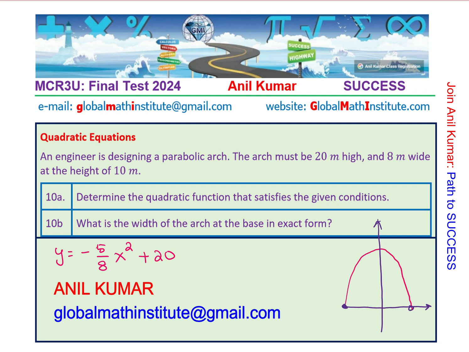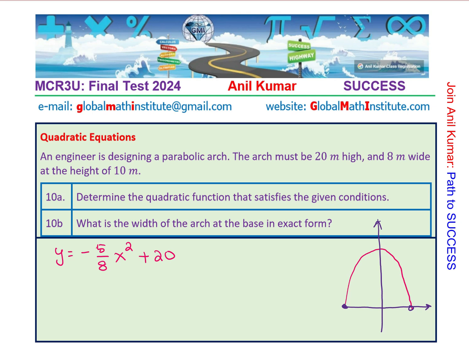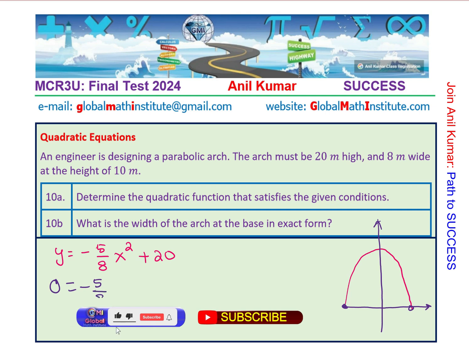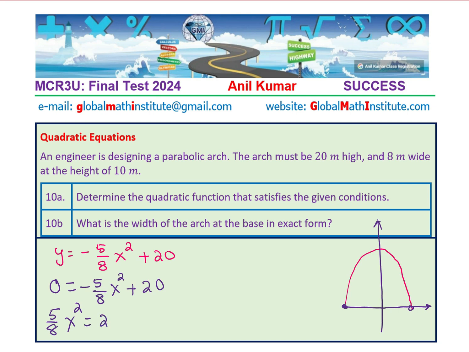So means what are the x-intercepts? The y value is 0. Perfect. So we can write this as 0 and then solve for x. So that gives you 5 by 8 x square equals to 20. Is that clear?